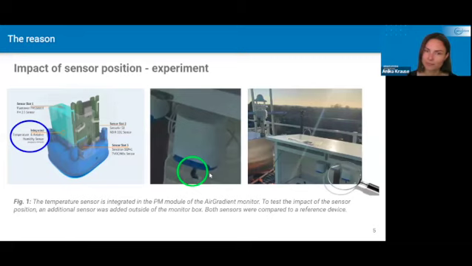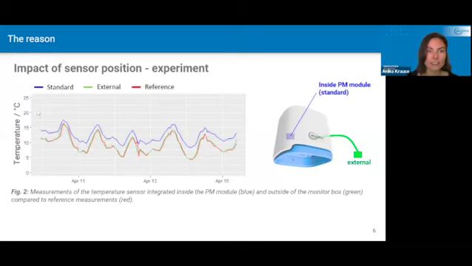And then we just measured the temperature. So here you can see just a few days of these measurements. In blue, you can see the standard temperature measurement of our AirGradient monitor, so that is integrated in the PM module. And then in green, you can see the temperature measurements of the external temperature sensor.